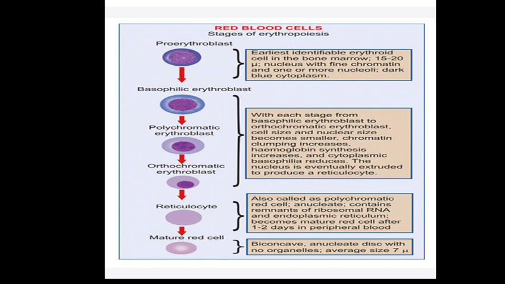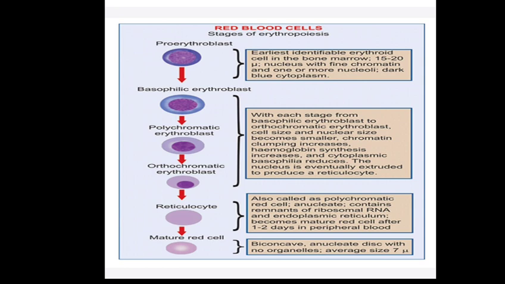Third one, then orthochromatic erythroblast. Already orthochromatic erythroblast is finished. Okay, next one, reticulocyte. This is one of the stages of erythropoiesis, also called polychromatic red blood cells.